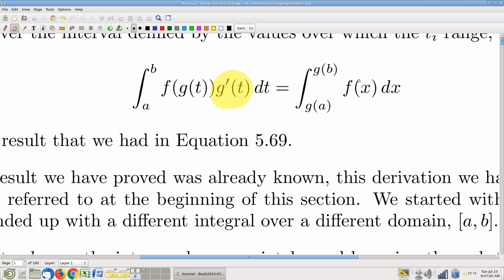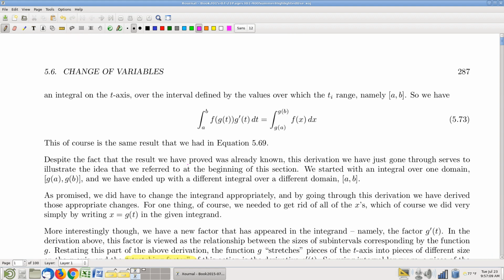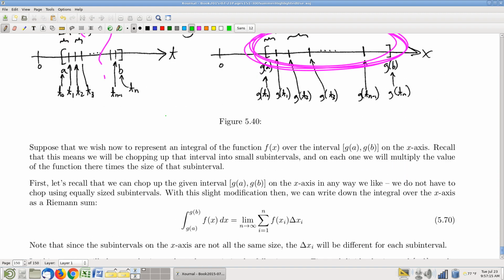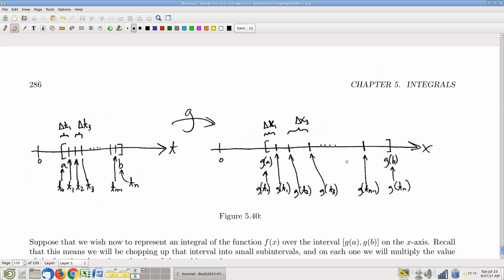The other point of view I want you to take on this, going back to our picture, notice what happened. We started with an integral defined on the x-axis, the integral of f of x dx.